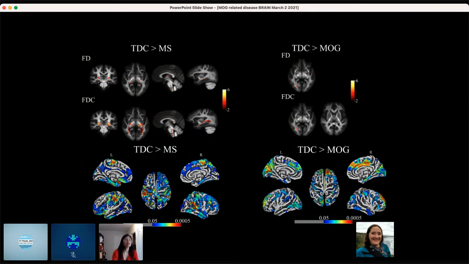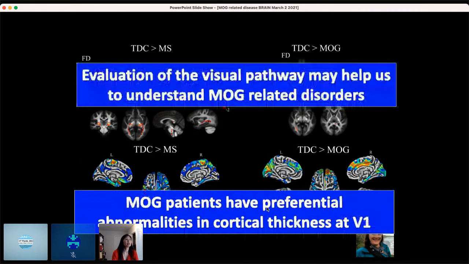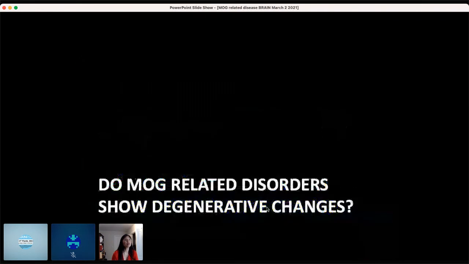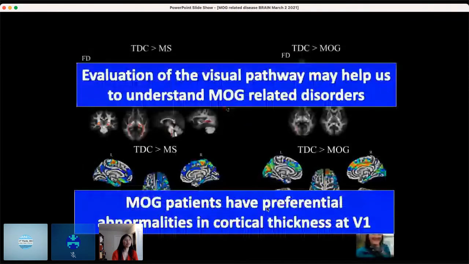So we have a signal from the visual pathway, not only from the anterior visual pathway, but in the optic radiations and in cortical thickness at V1. Thus, evaluation of the visual pathway may help us to understand MOG-related disorders. Now, going back to the original question that we started with, can we predict recurrence? What can we say to families when we see a patient like this?